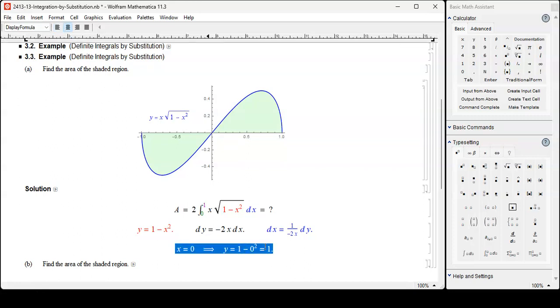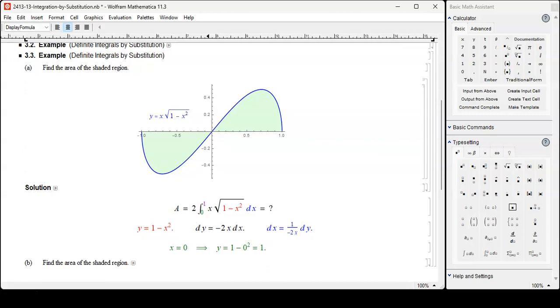Okay, that's green. And if x is 1, then y is 1 minus 1 squared, so that's 0. So x is going from 0 to 1, then y is going from 1 to 0. All right, we are ready.